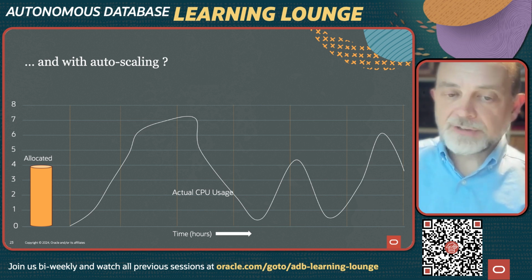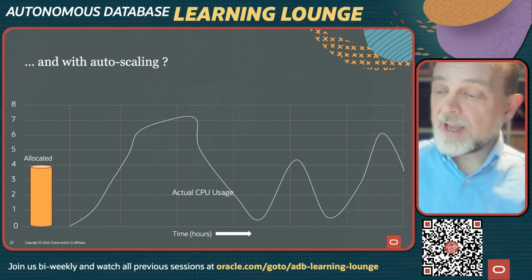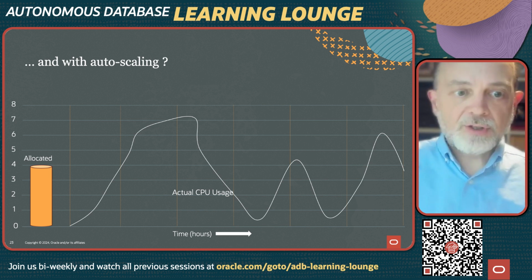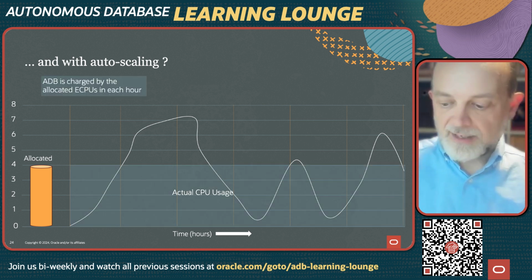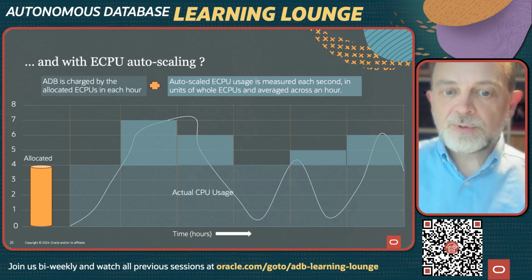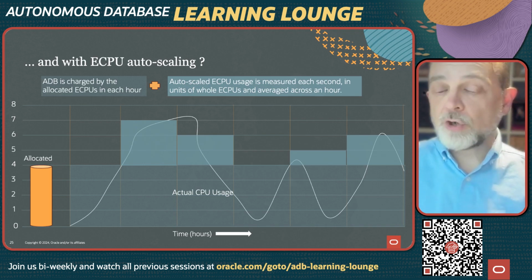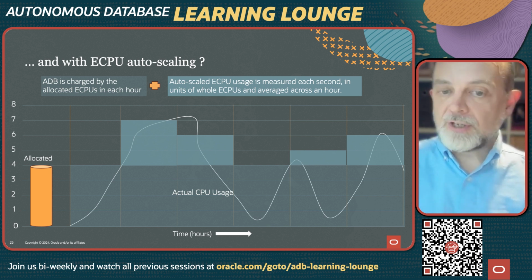We also have a facility called auto-scaling, which again, you have an allocation of CPU, but differently with auto-scaling is we also allow you to scale the eCPU up above that allocated level. And then you're only charged for the incremental CPU that you use above that base allocation.